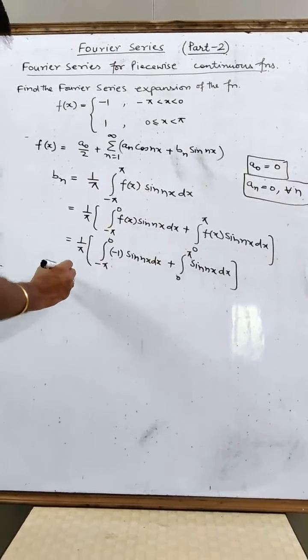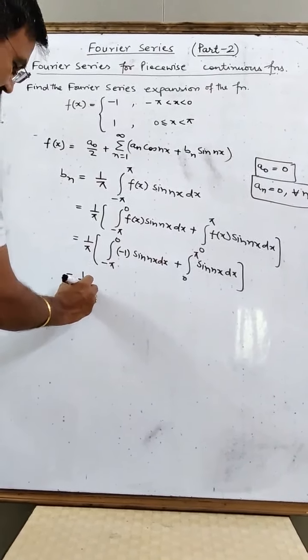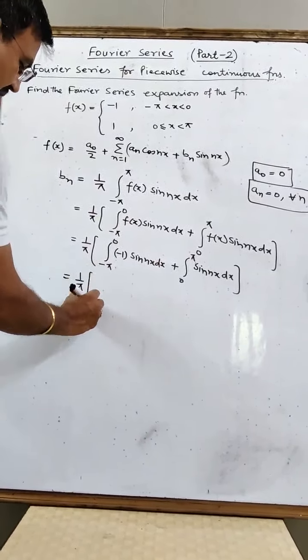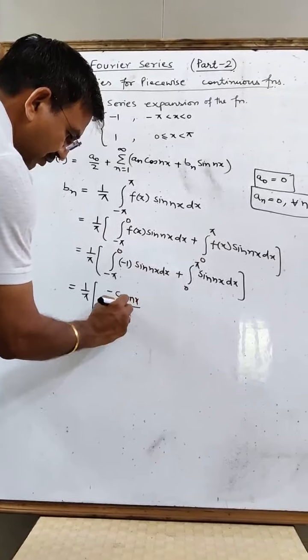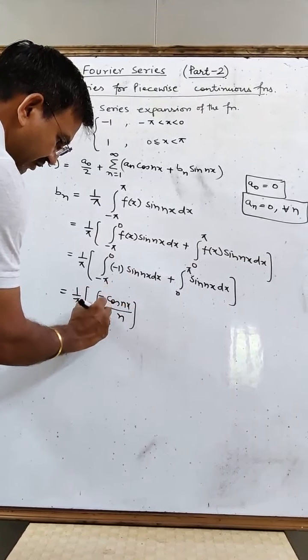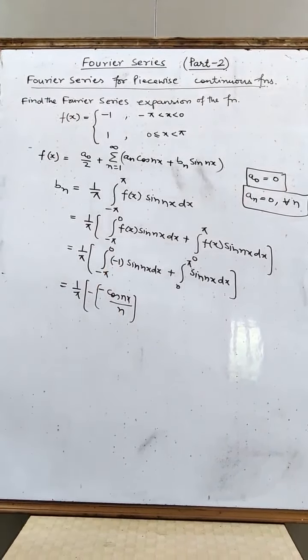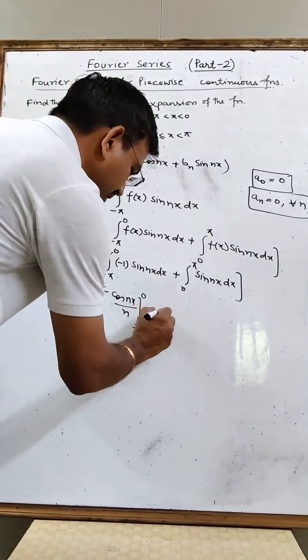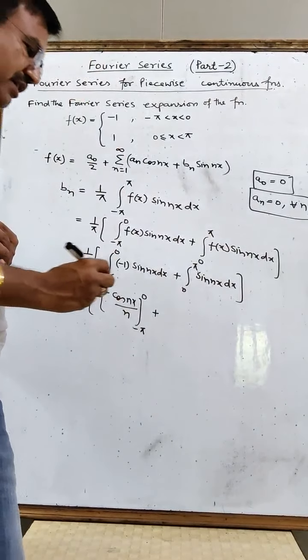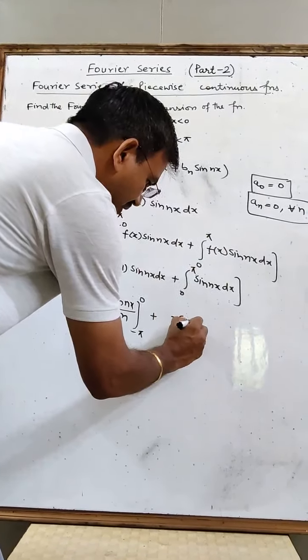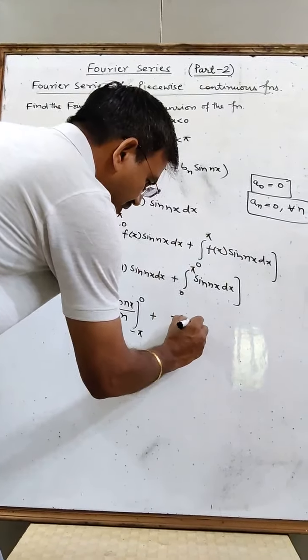Now we would integrate 1 over pi, integration of sine nx is minus cos nx over n, and there is also one minus, and limits are from minus pi to 0. Here again integration of sine nx is minus cos nx over n with the limits 0 to pi.